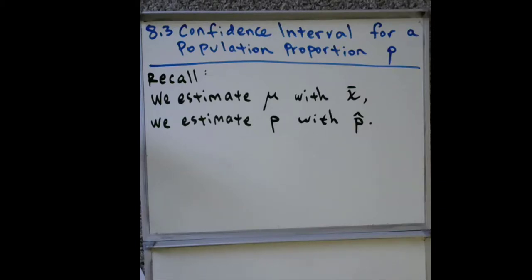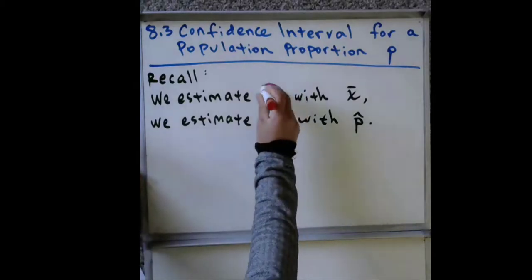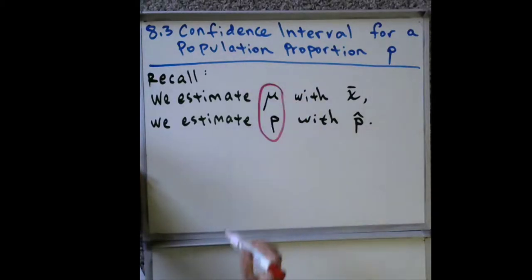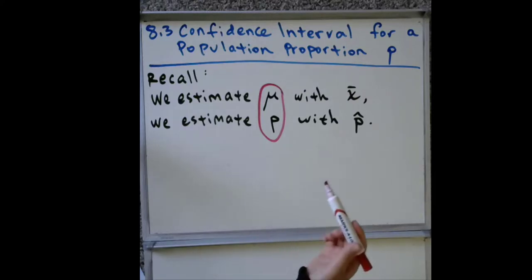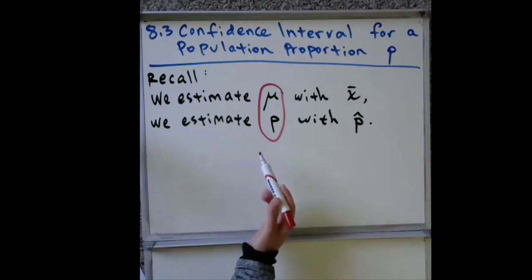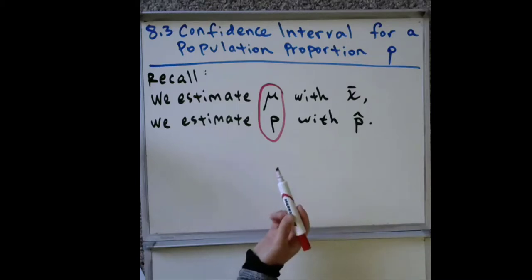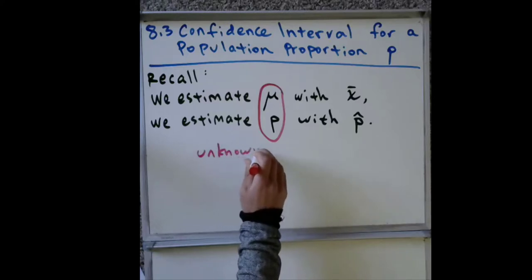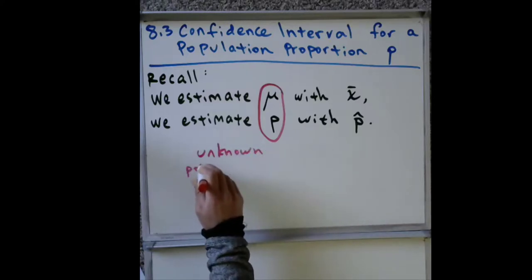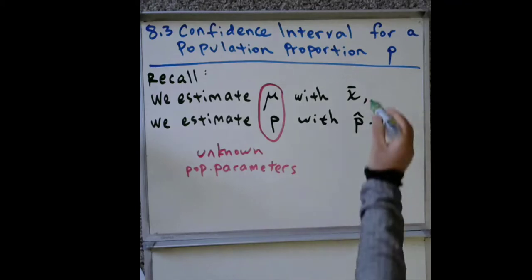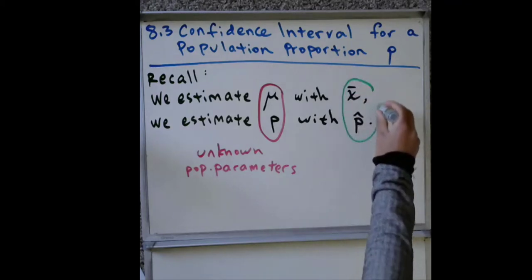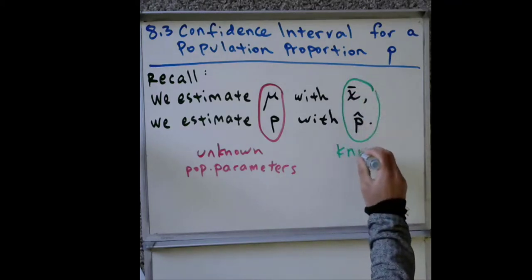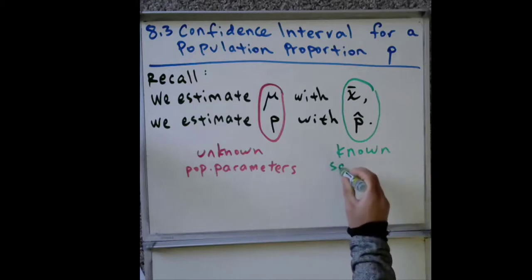We are trying to estimate these parameters. We've estimated the population mean with the sample mean, and now we are going to see how we do that for a proportion. These are the unknown population parameters, and these in green are the sample statistics.